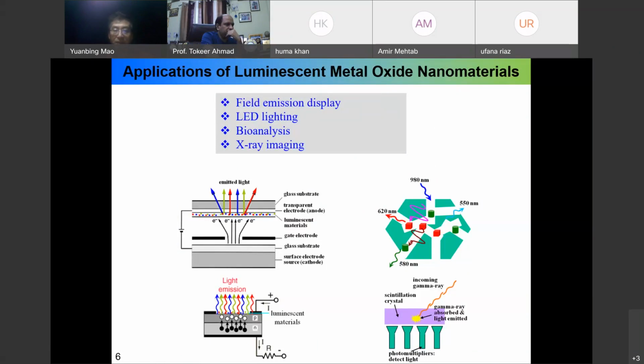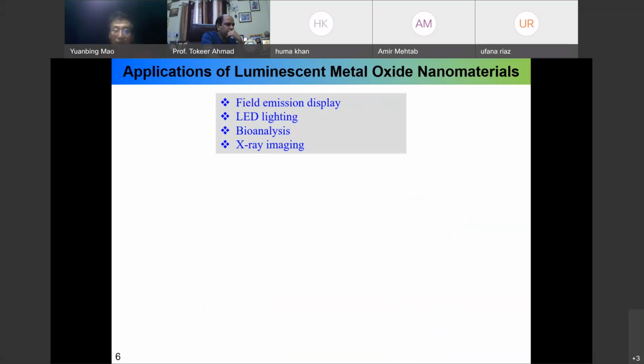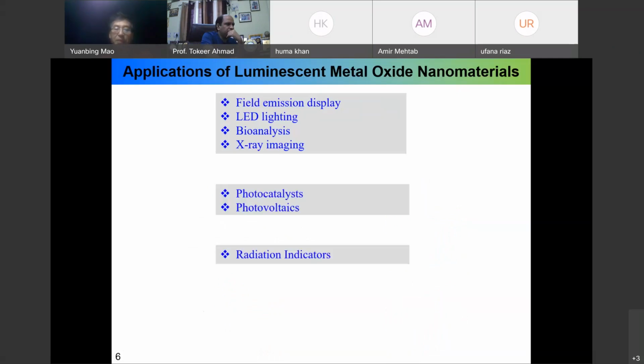So field emission display, this is related to up conversion and bioimaging, and also combined with other types of materials, it can be used for photocatalysis, photovoltaics, radiation indicators. I mean, the list can keep going on and on, but later when I talk about the specific types of luminescence and the specific types of metal oxide nanomaterials, I will show you some other applications.